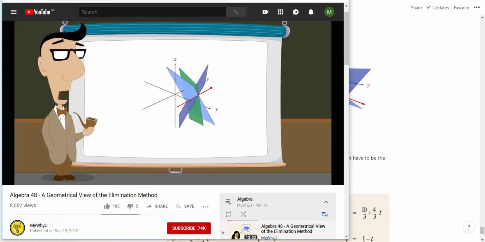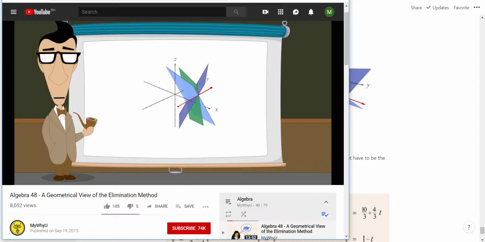Depending upon the values of the multipliers we choose for the equations, the resulting plane can be oriented in any way around the line of intersection. We know that in the elimination method, the values of the constants are chosen so that a variable is eliminated from the resulting equation. So what does this process look like when viewed geometrically?